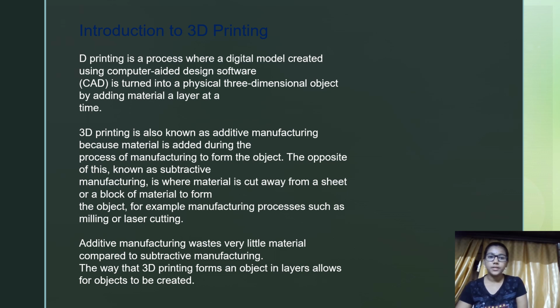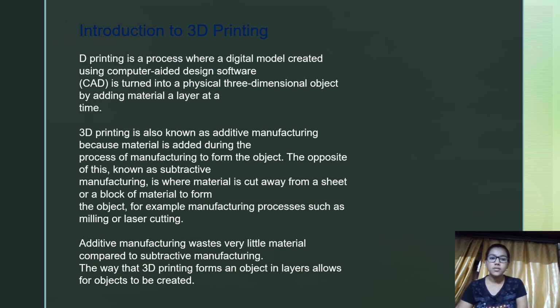Introduction to 3D printing. 3D printing is a process where a digital model created using computer-aided design software, CAD, is turned into a physical three-dimensional object by adding material a layer at a time. 3D printing is also known as additive manufacturing because material is added during the process of manufacturing to form the object.